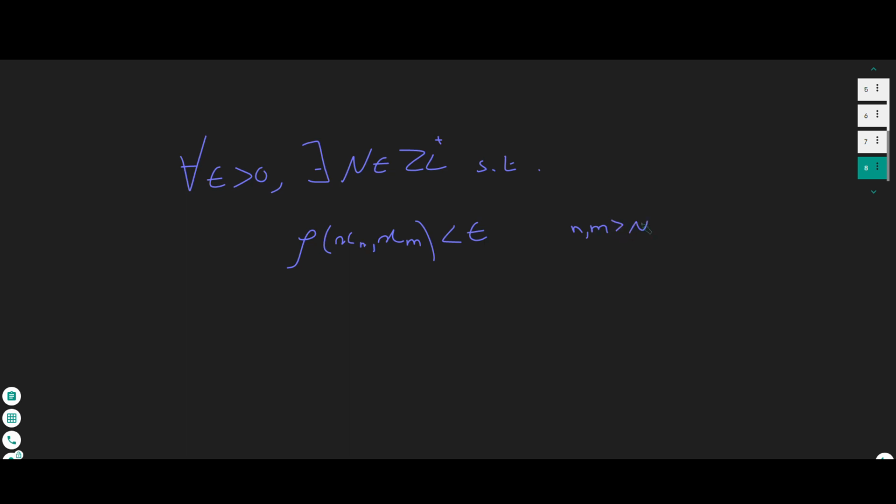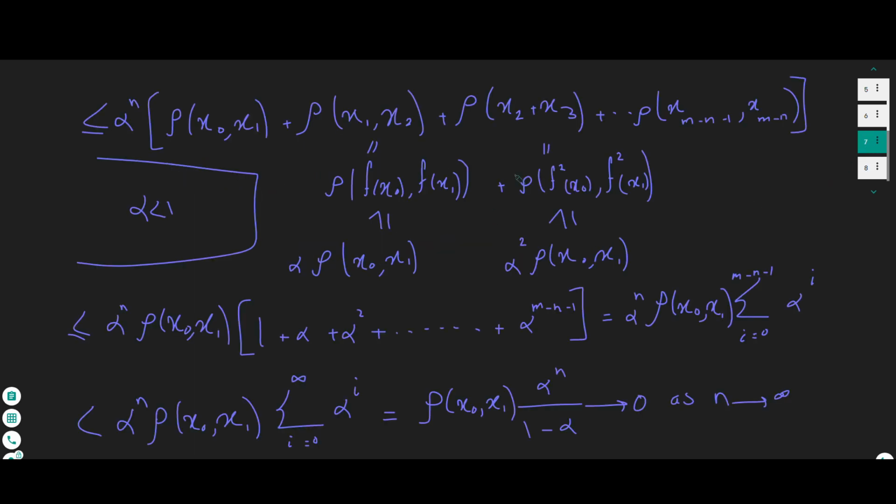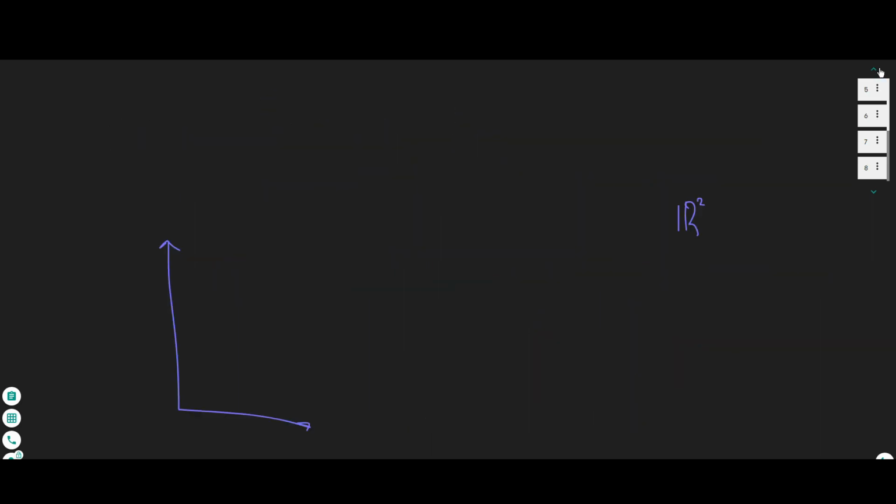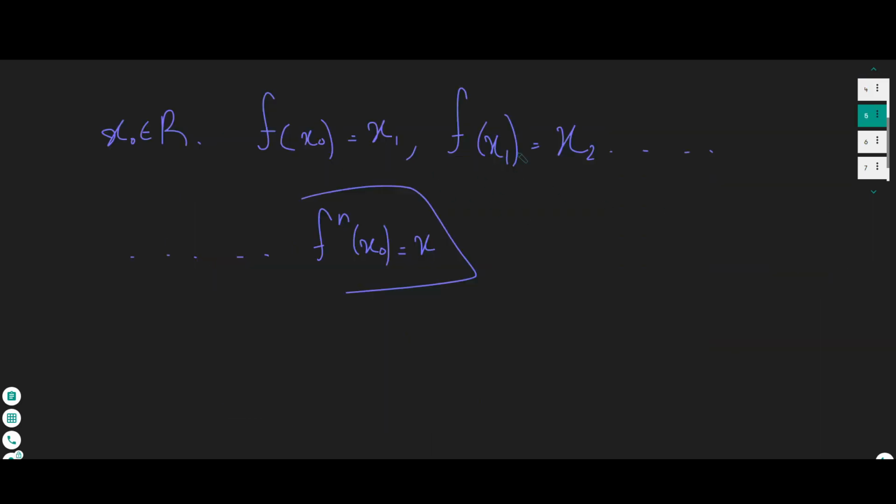Okay? What does this mean? This is exactly the definition of a Cauchy sequence. It means these points that we started with, where were they? These points form a Cauchy sequence.